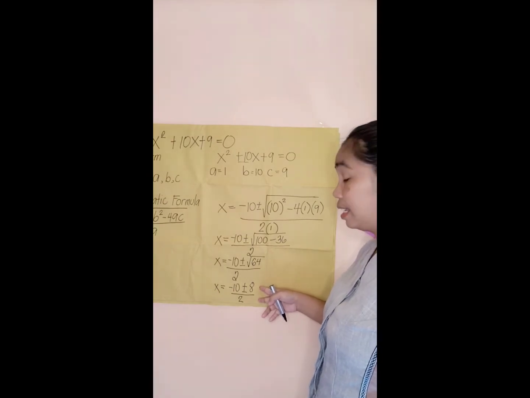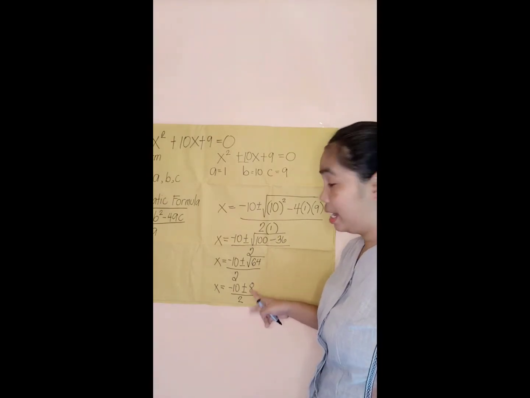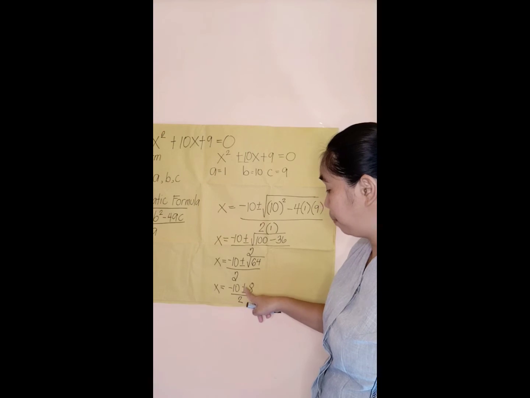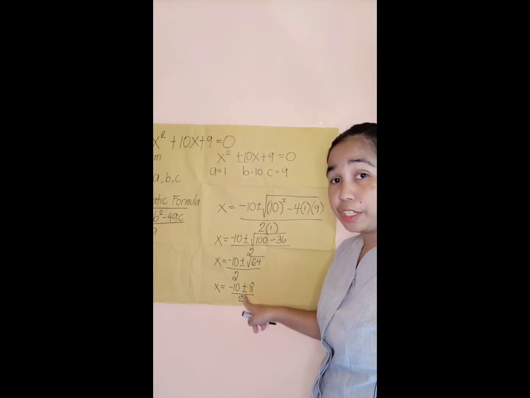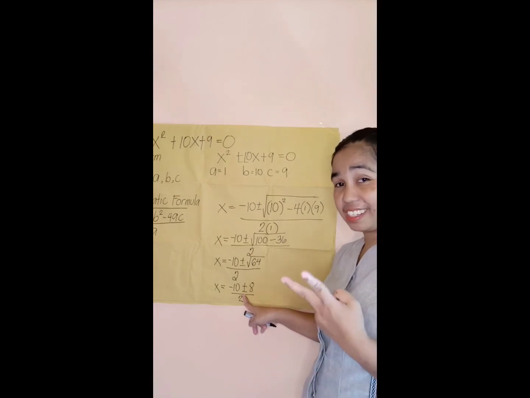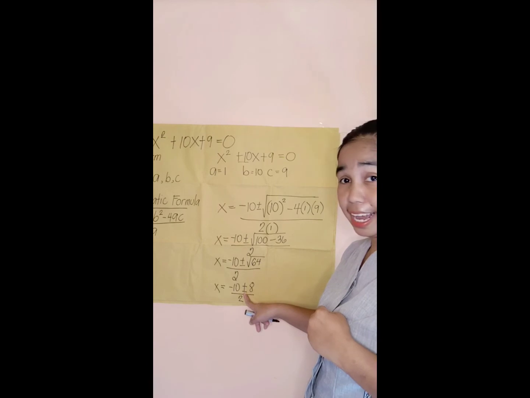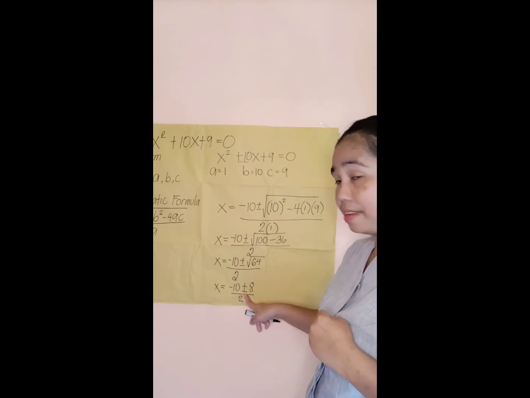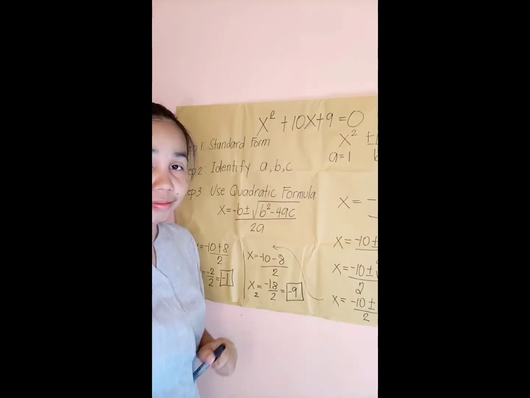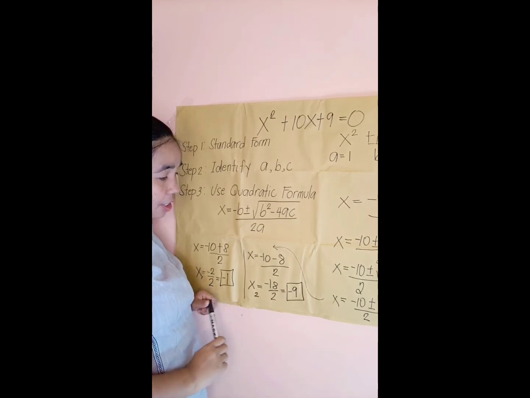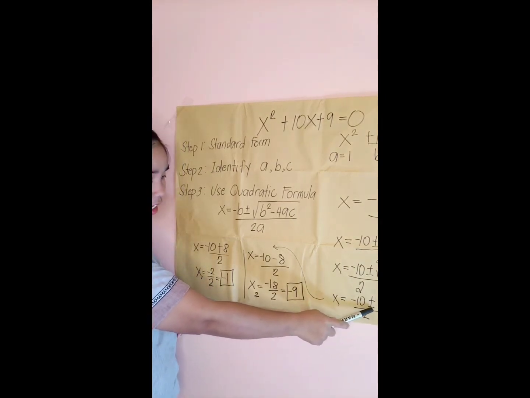Okay, but this is not yet the final answer. As you can see in the formula, we have positive and negative. So, therefore, magkakaroon tayo ng 2 values of x. So, ihiwalay natin si positive 8 at si negative 8. Okay? So, pakita ko dito. Okay? So, separate positive and negative 8.